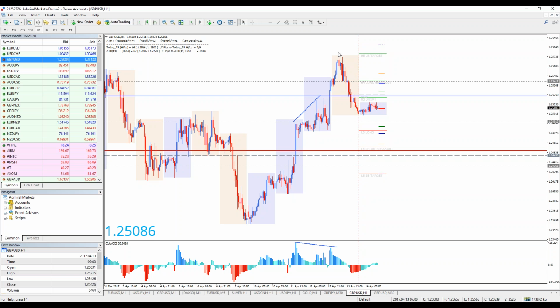So whenever you see divergence at ATR tops or bottoms, that is the way you can try to think about placing a counter trend trading opportunity.